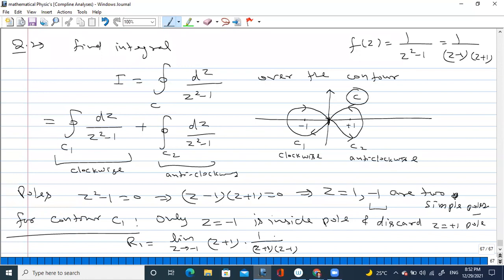So that f(z) I am writing here. So z plus 1 and z plus 1 cancel, put z equal to minus 1, so that will be minus 1 by 2. So that is the residue here. Okay, note down this.